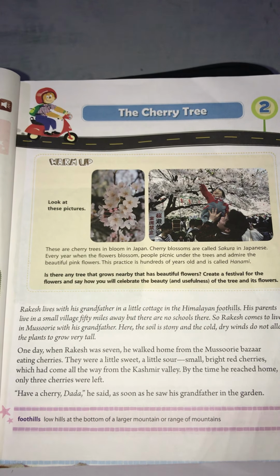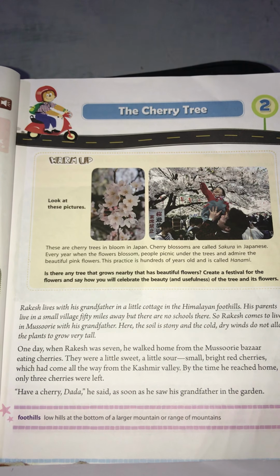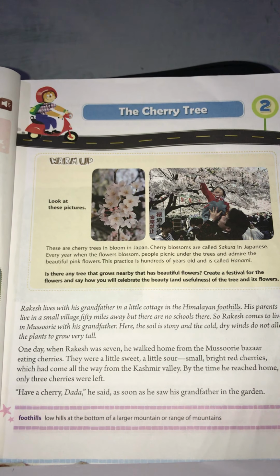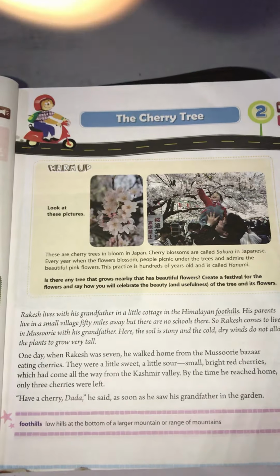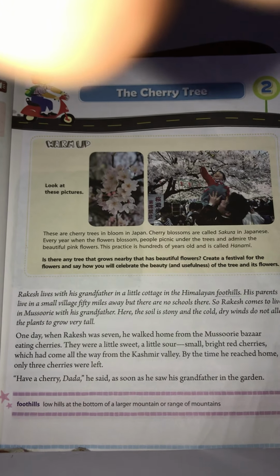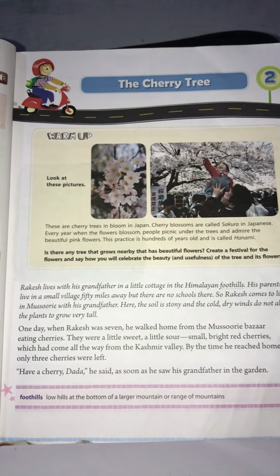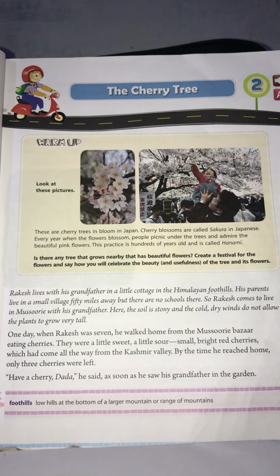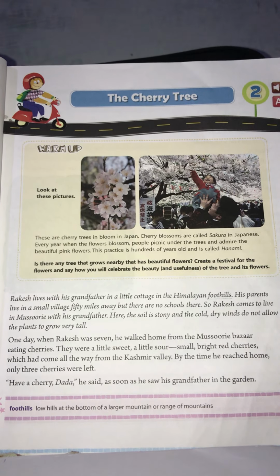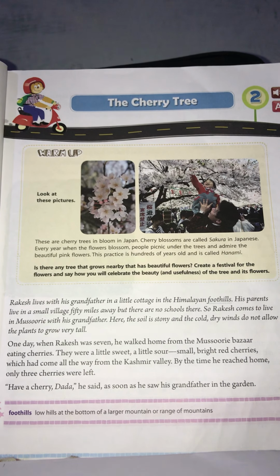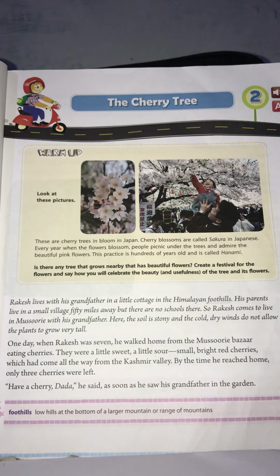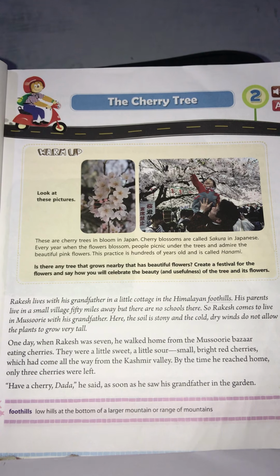The next spring, there are more flowers. Birds and bees start drinking its nectar, and the tree grows taller than him. Soon Rakesh turns 10 and the cherry turns 12.